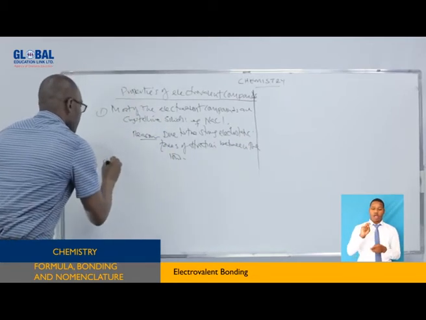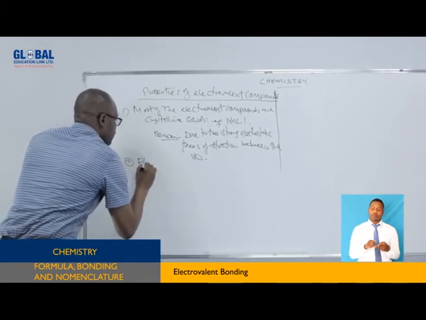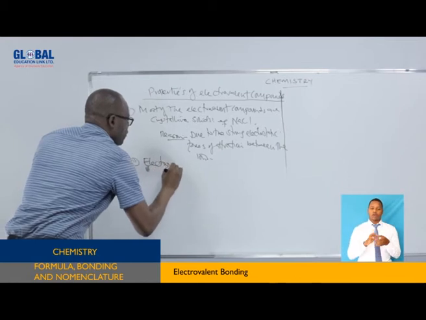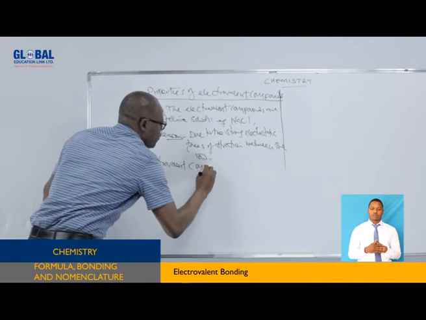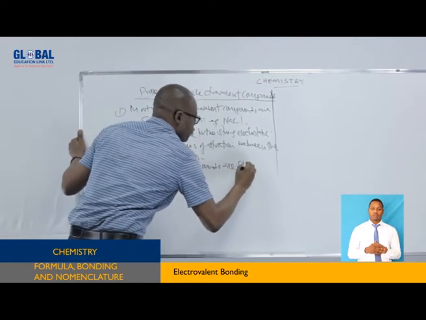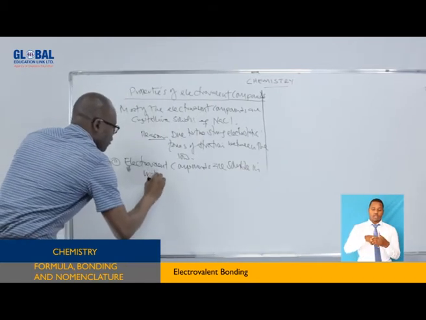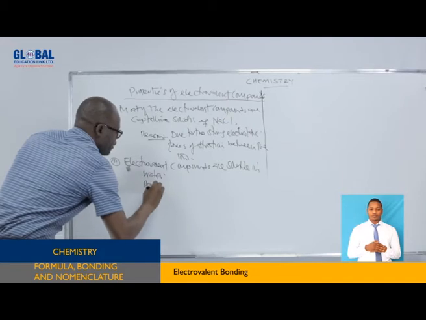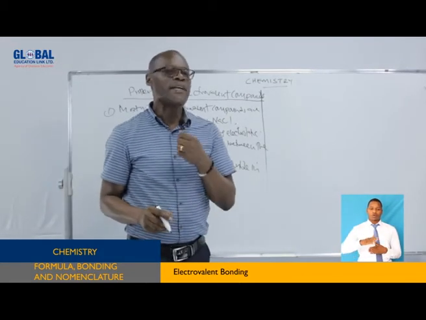The second one is electrovalent compounds are soluble in water. The reason is water is a polar solvent.